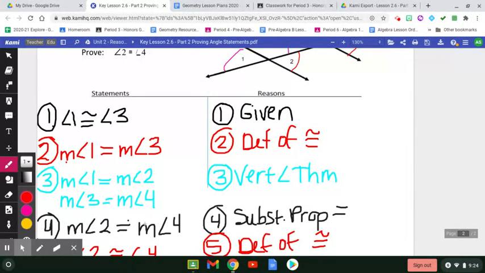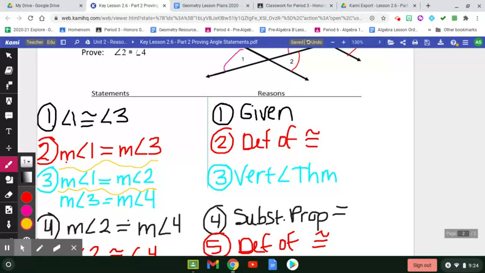In step 2, I know the measurement of angle 1 was equal to the measurement of angle 3, right? And I also know right here, you can even argue transitive property here, the measurement of angle 1 equals the measurement of angle 2, right?